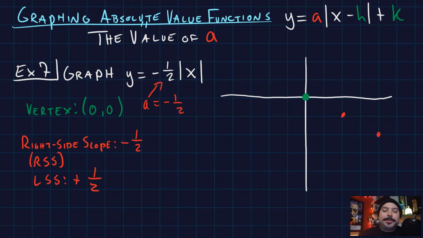This time the value of a is equal to -1/2, which means the slope of the right-hand side of our graph is also -1/2, which means instead of going up this time, we're going to be going down 1 to the right 2, down 1 to the right 2. The slope of our left-hand side is going to be down 1 to the left 2, down 1 to the left 2. And you can see now that it is a positive slope. So that is how we graph that equation.